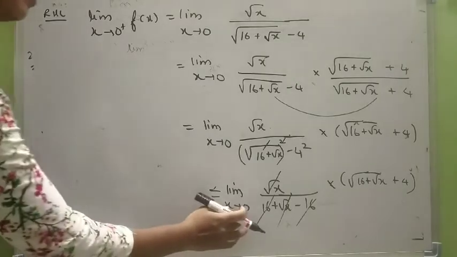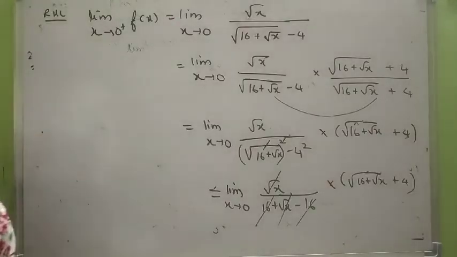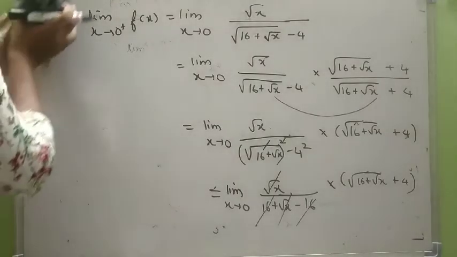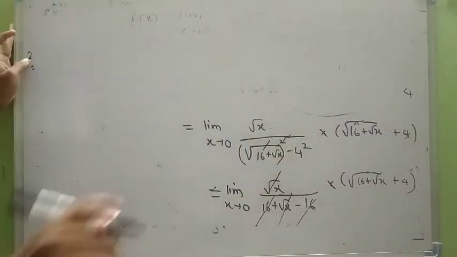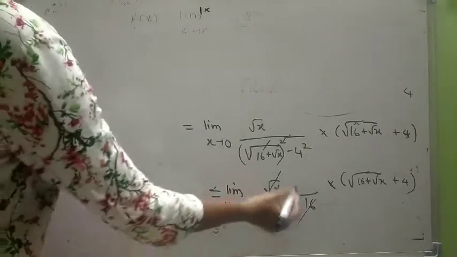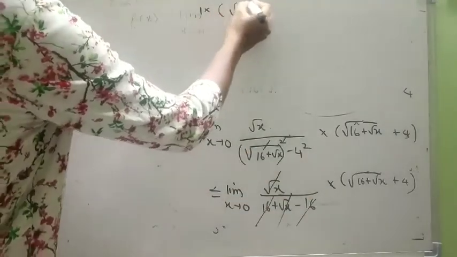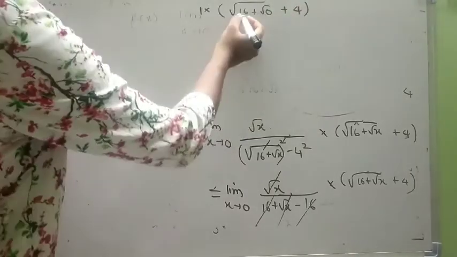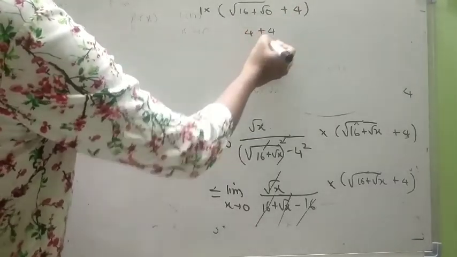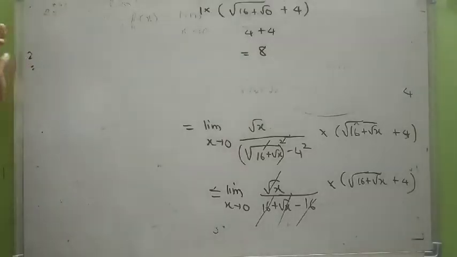Now you can directly do the substitution. Wherever there is x, put x is equal to 0. So this will be 1 in this part is 1 into root of 16 plus root of 0 plus 4. So root of 16 will be 4, plus 4, which is equal to 8. So your right hand limit is also equal to 8.